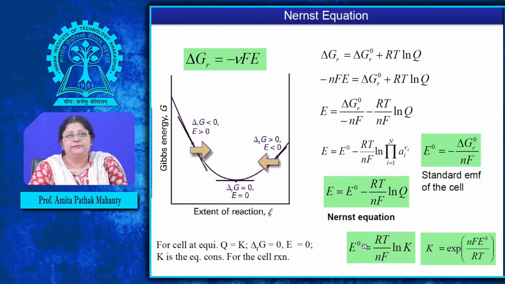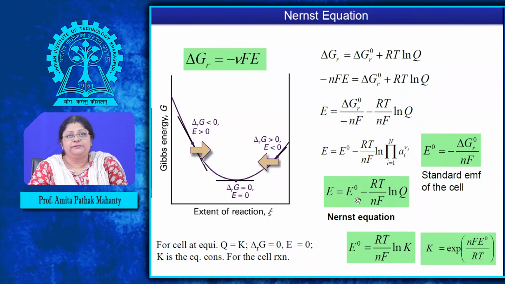By equating the reaction equilibrium with the electrochemical equilibrium which we are dealing with. What becomes 0 at equilibrium? The reaction delta G becomes equal to 0, and hence E becomes equal to 0. This Q is becoming equal to K.